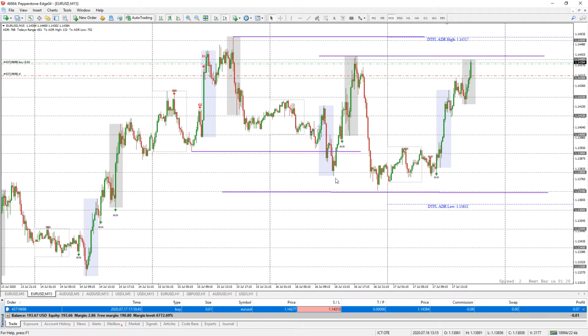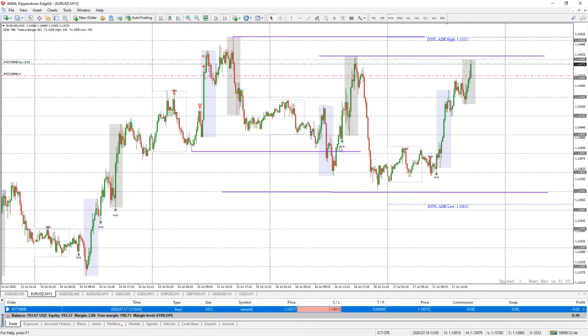Once it broke the low, you know the bias is on the upside and not the downside. On the downside, you're going to look for a sell setup, and on the upside, of course, you're going to look for a buy.